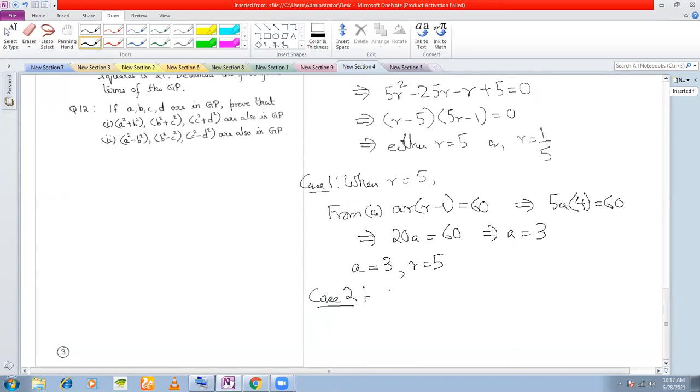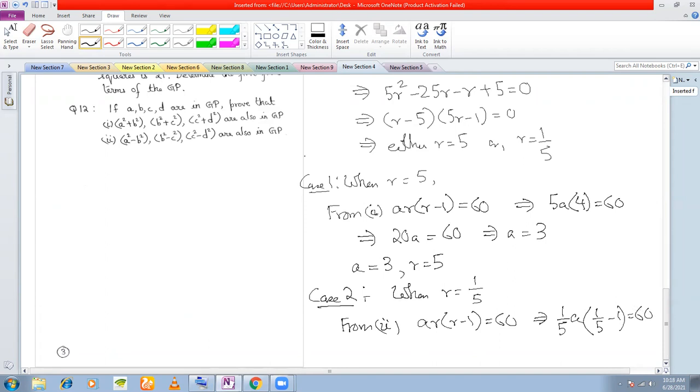We now move on to case 2, when r is equal to 1 by 5. Exactly similarly, from 2, put it here: ar into (r minus 1) is equal to 60. Put the value here, r is 1/5. So 1/5 a into (1/5 minus 1) is equal to 60.